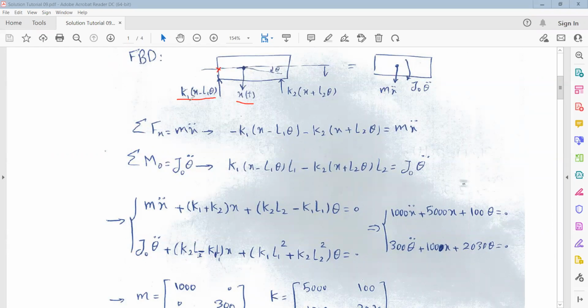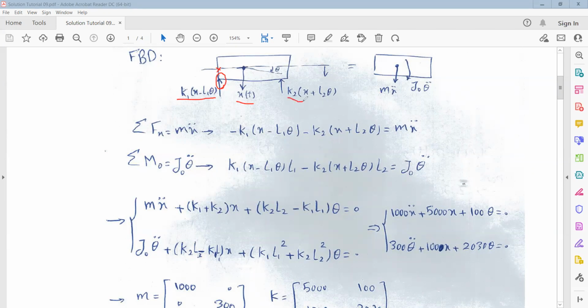So the force in the spring is equal to K1 times the difference between these two displacements, x minus L1 theta. Because the direction is considered upward, we assume this direction is due to the displacement x, so L1 theta, which is in the upward direction, will decrease from this value.